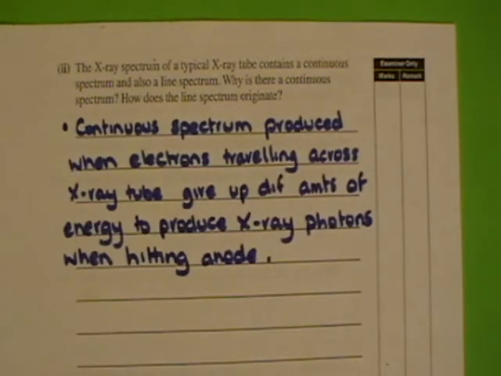Now in the mark scheme, what they say there is just that they are not decelerated equally. And that's really enough to explain about the continuous spectrum.